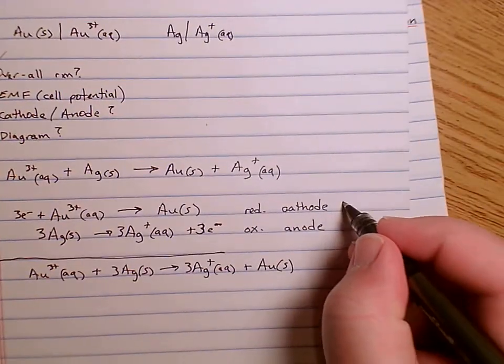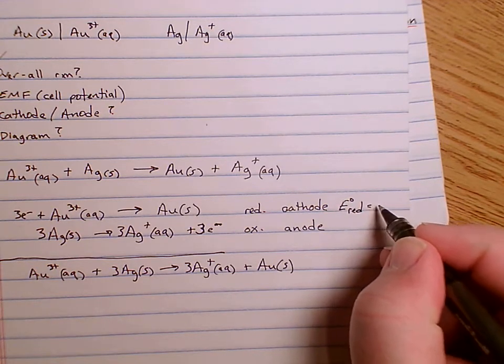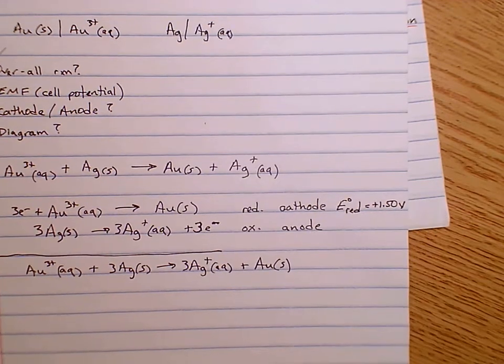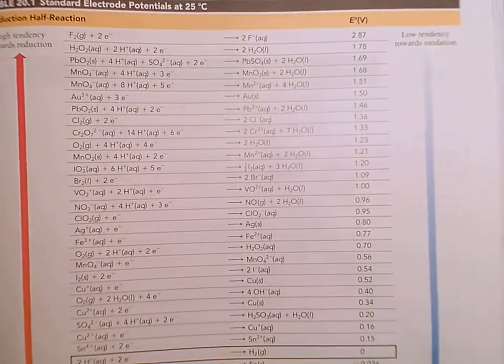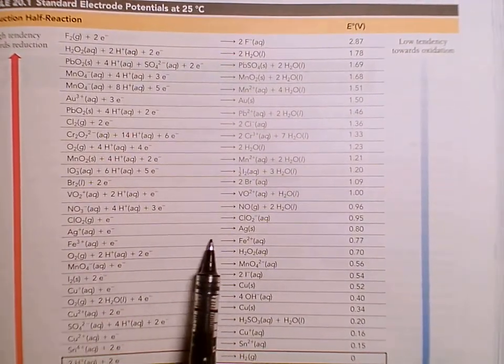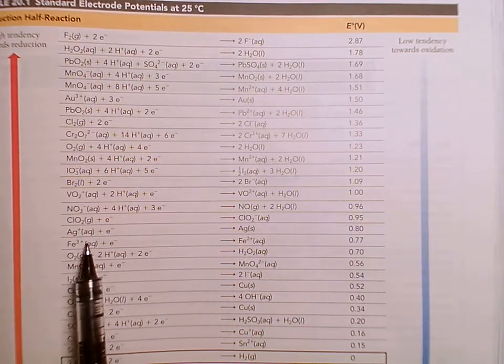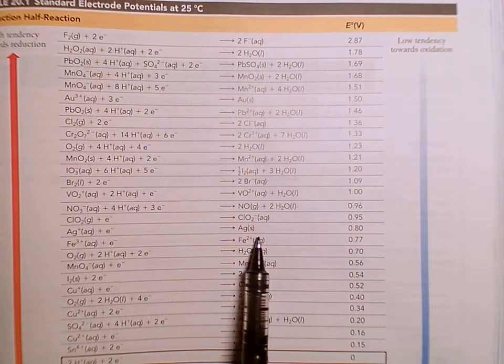So we know that E naught reduction here is positive 1.50 volts. When we look at silver, we see that it's got a value of 0.8 volts, but recall, this is reduction. This is our reducing the silver. This is E naught reduction.